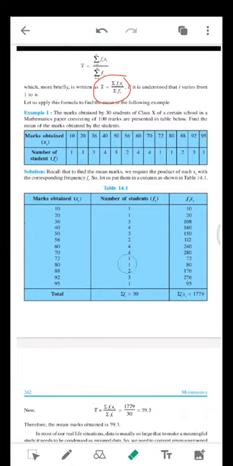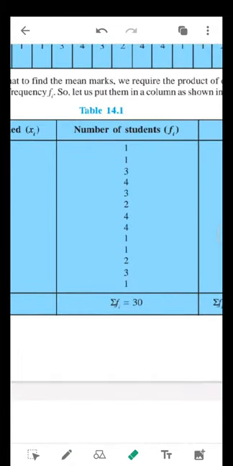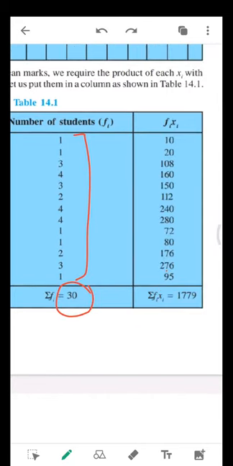Then I'll find the sum of all the frequencies, which will be 30, and we'll also find the sum of the fi xi column, that is the third column. When you find the sum of all these, we are getting 1779.